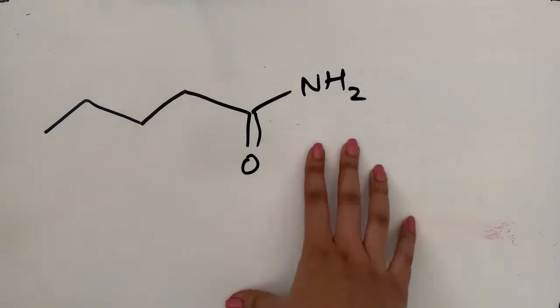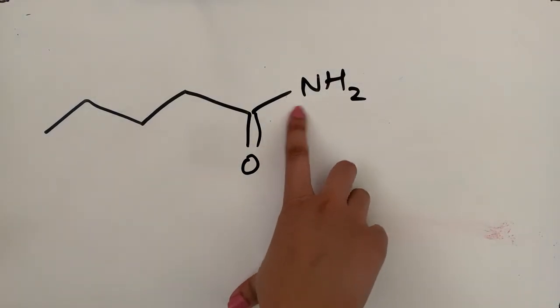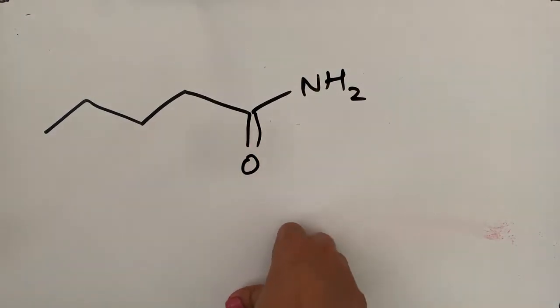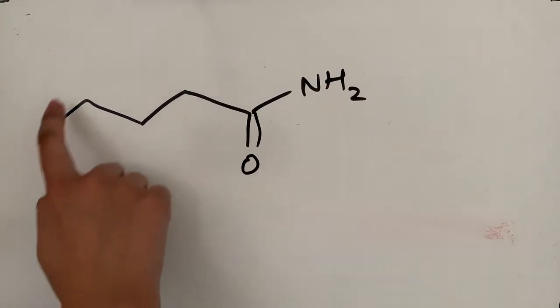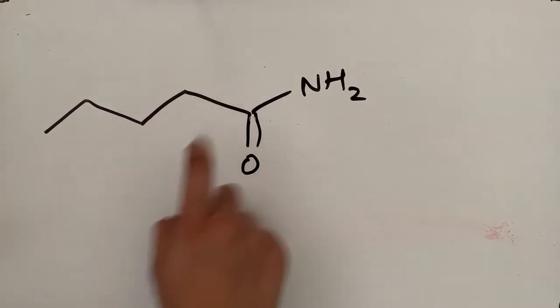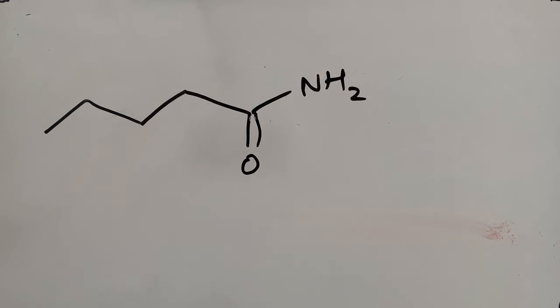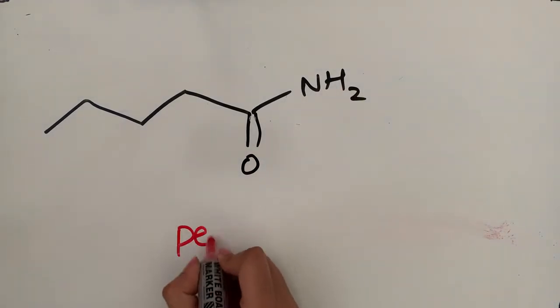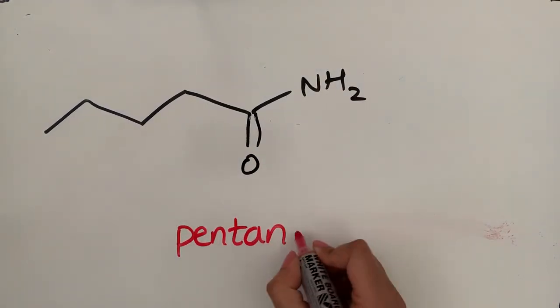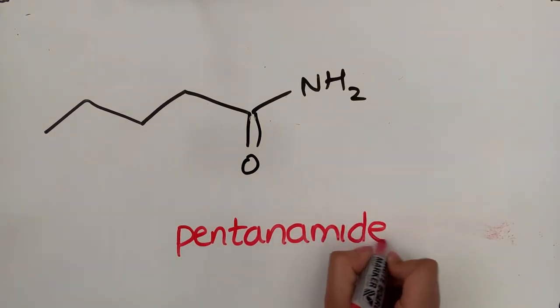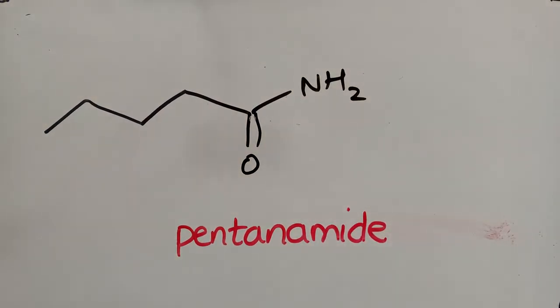Again, double check you've got an amide, so nitrogen is directly bonded to your carbonyl group, so that is an amide bond. So 1, 2, 3, 4, 5. The longest carbon chain is 5, and therefore this one here is called pentanamide, like so.